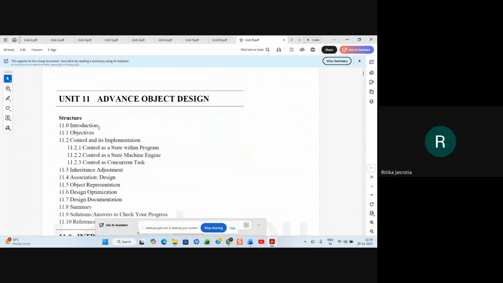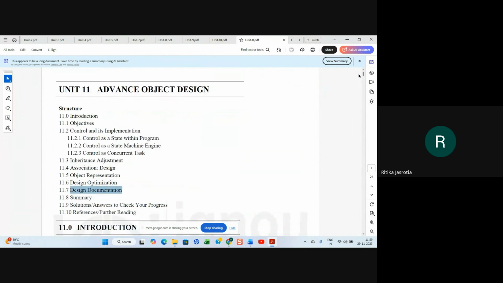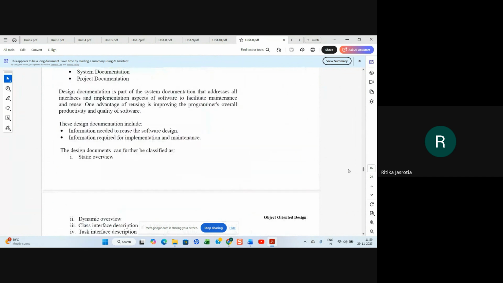Here in block 3, unit 11, design documentation is there. So we'll go to that.